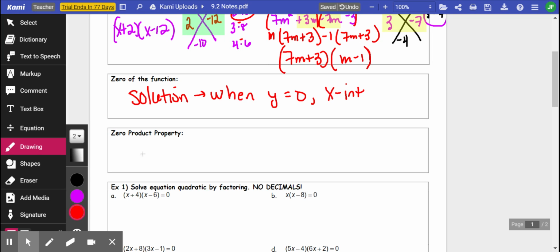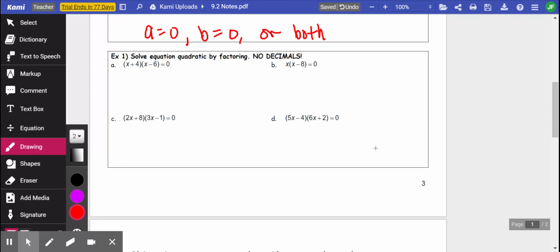What the zero product property says is if I multiply two things, for example, A times B, that means either A has to equal 0, B has to equal 0, or both would be true. So using that for quadratics, we are going to solve these.